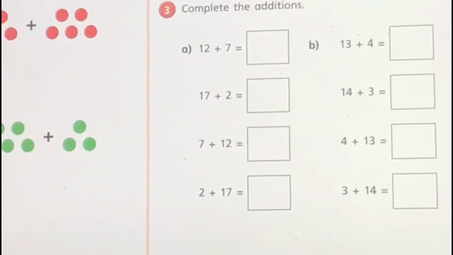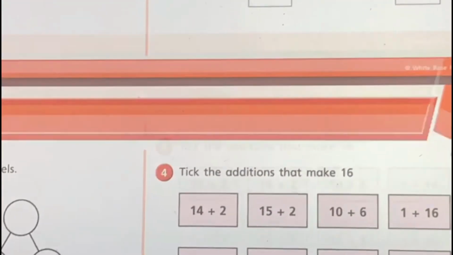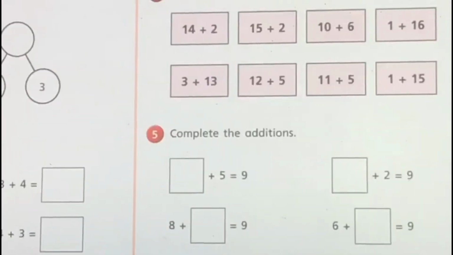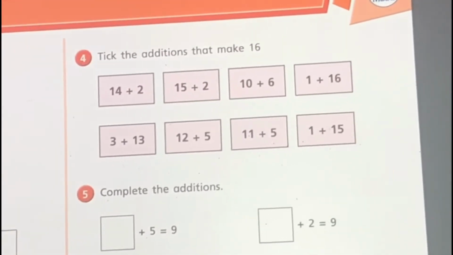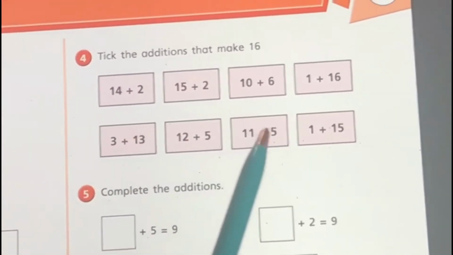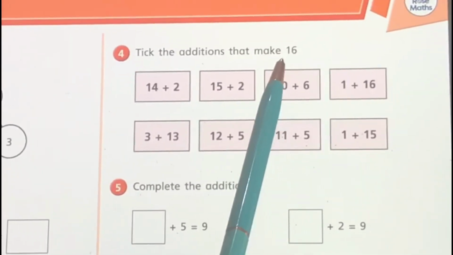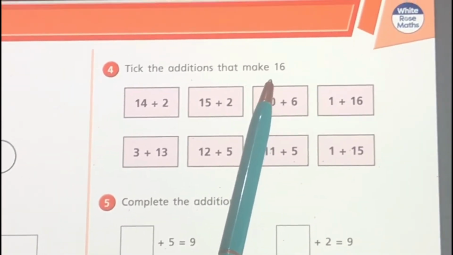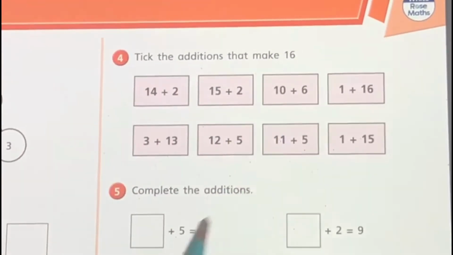If you're feeling really confident, you might like to move on to questions 4, 5 and 6. So you've got some different addition number sentences to work out the answer to, and we want to find all the ones which make a total of 16, 1 ten and 6.